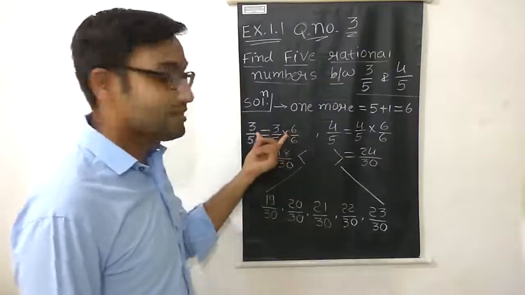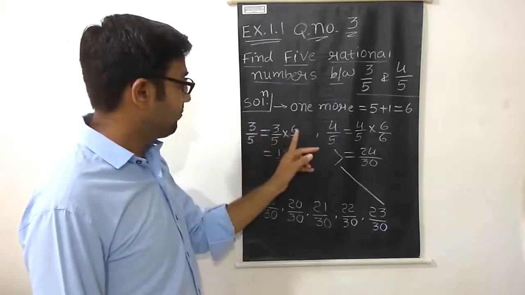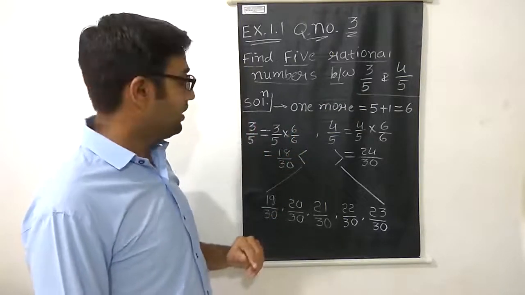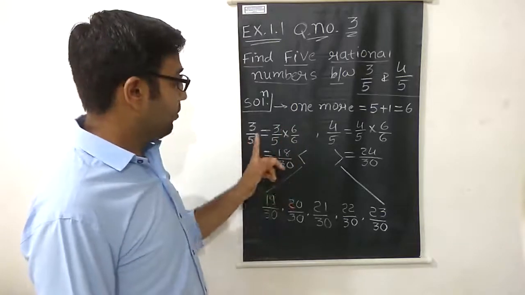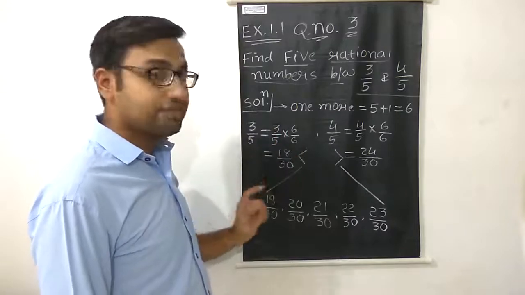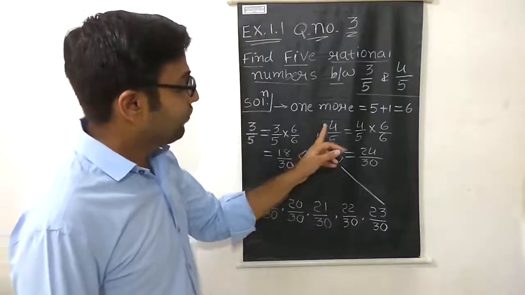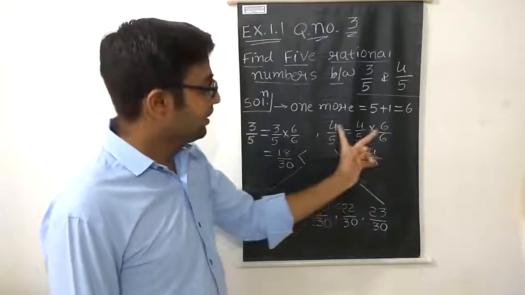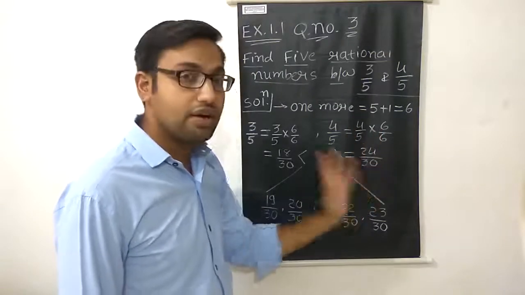Here, 3 upon 5 is as it is. We multiply numerator and denominator with the same number, so we are not changing the value of 3 upon 5. 6 threes are 18, and in the denominator 6 fives are 30. For 4 upon 5, multiplying by 6, we get 6 fours are 24 and 6 fives are 30.